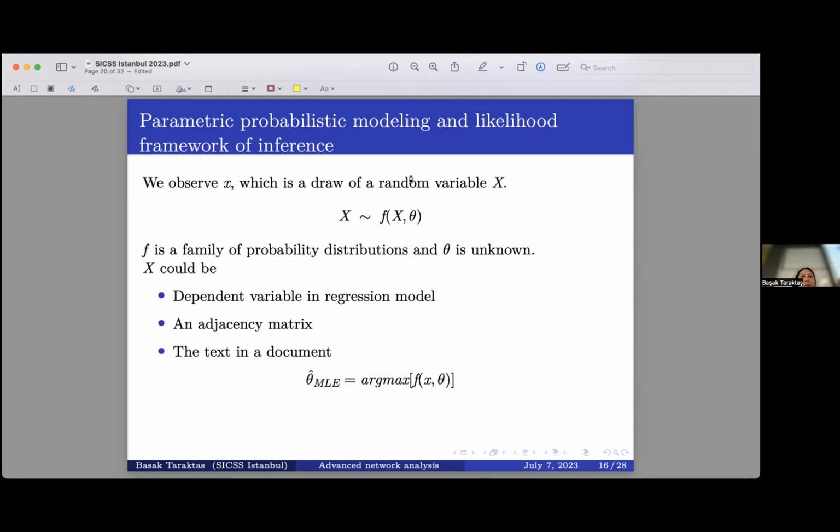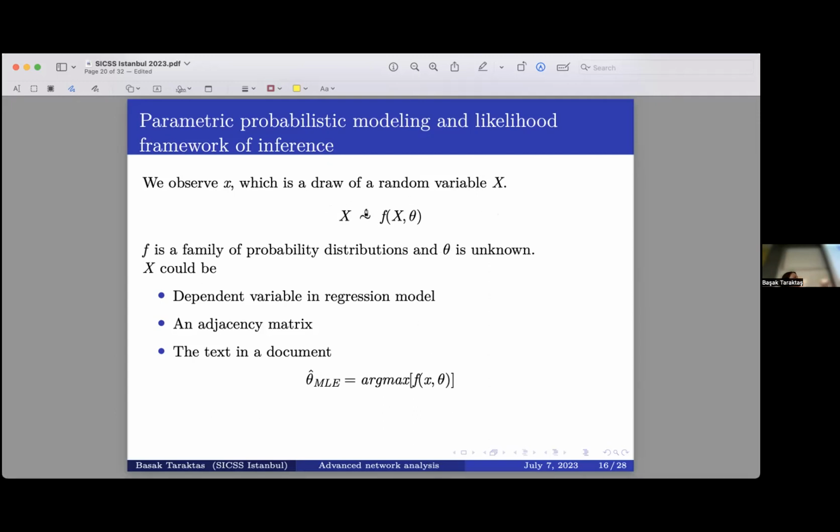And one instance of it would be the small x. So it's a function of what? X and theta.